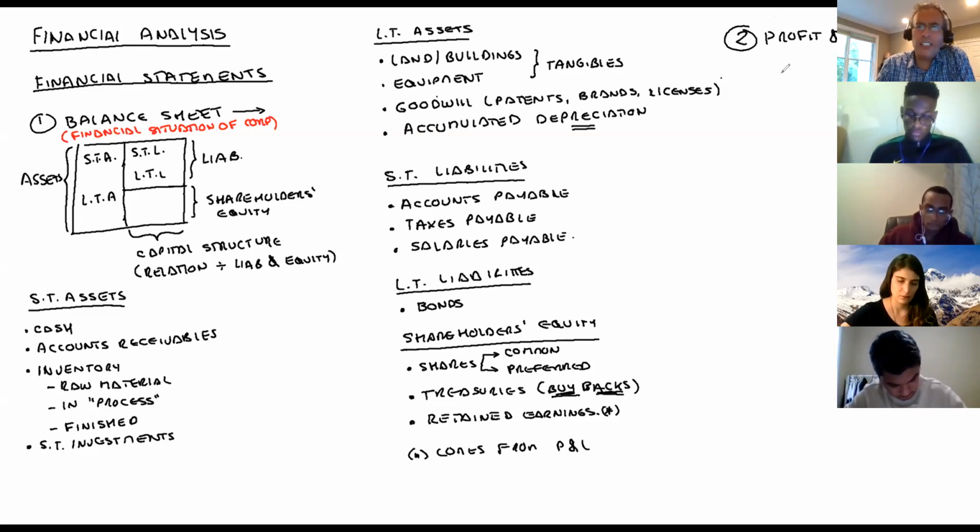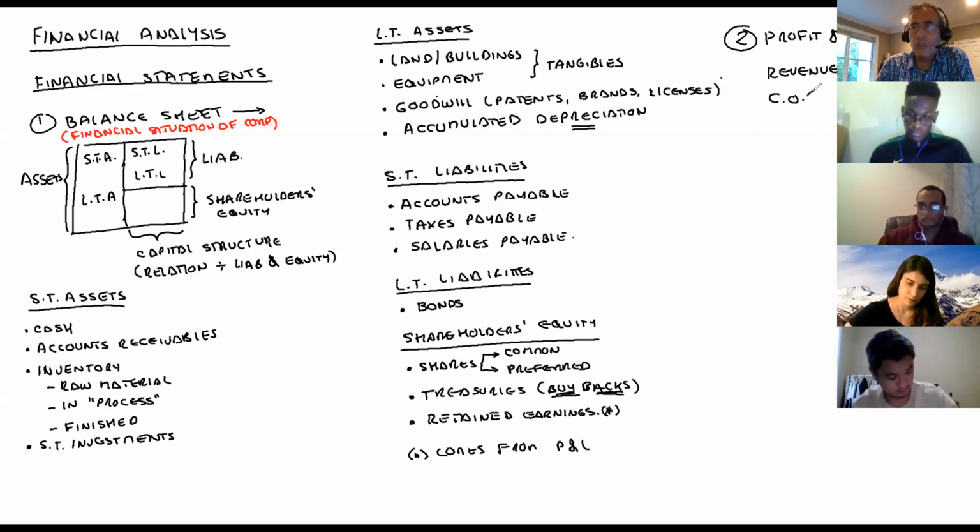The P&L, guys, has this basic structure. So we have revenues, and then we subtract the cost of goods, what is called the COGS, okay? So it's cost of goods, everything that is related to producing your final product or producing what you sell. From here, if you subtract this minus this, you have the gross profit.